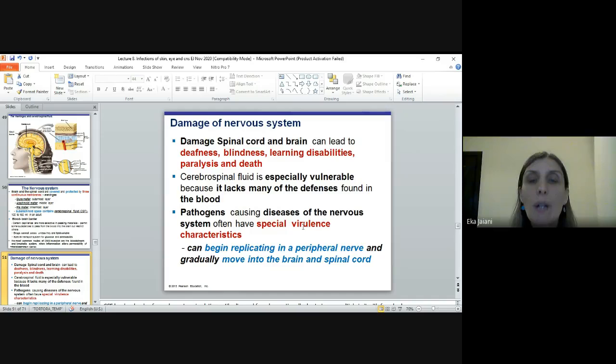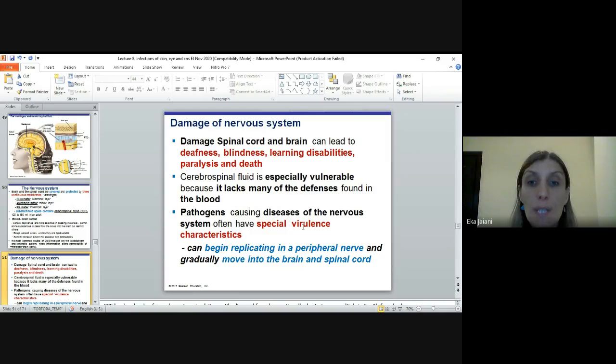And so microorganisms can lead to damage in the spinal cord or brain, and of course, it can lead to some clinical manifestations like personality changes, dizziness, mental problems, dementia, also deafness or blindness.